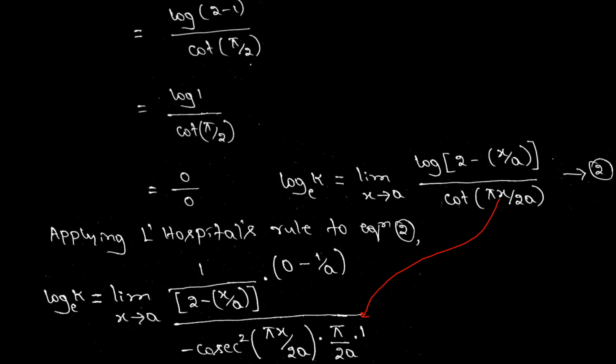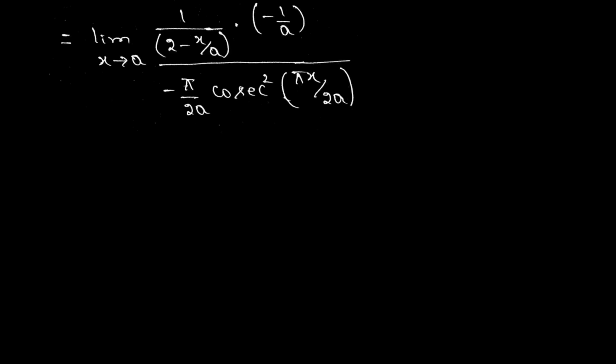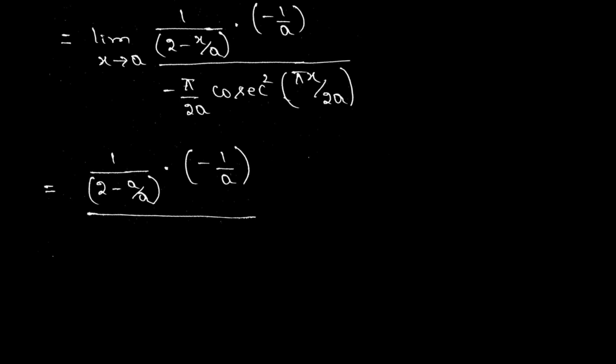Now let us rewrite these things in the next slide. Yes, we have rewritten. Now let us substitute the limit and check whether we get the finite quantity or not. Yes, we have put the limit x as a here and here as well in the denominator.